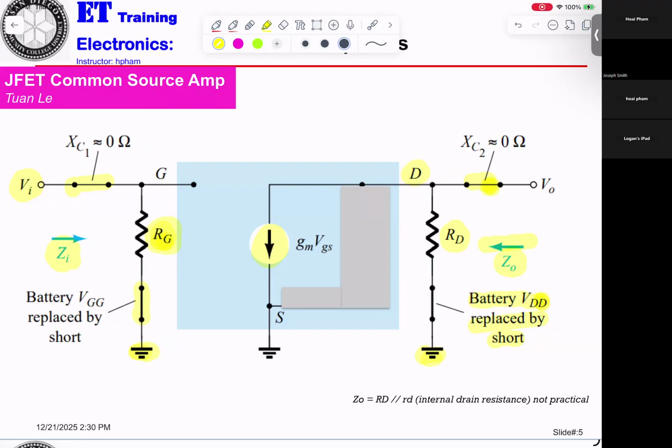When you're looking into a common source amplifier, try to understand everything we just talked about. If you have any questions, just let me know.